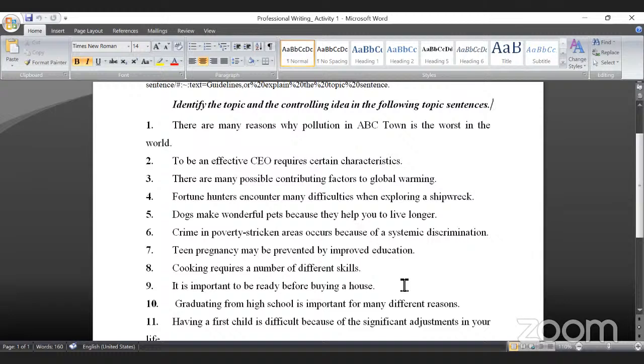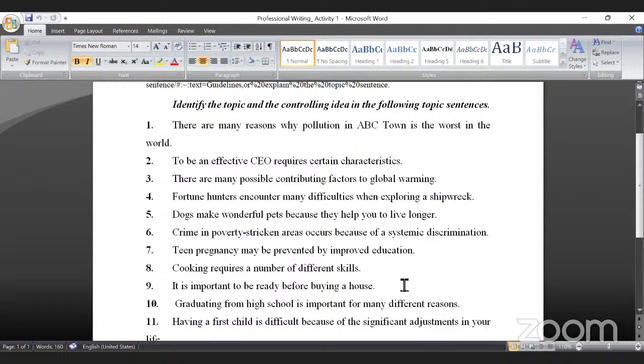So teen pregnancy may be prevented becomes your topic, and how that happens through improved education becomes your controlling idea, which means your paragraph is going to establish that particular part. Just always look at it in this way. What is the claim being made in the sentence? That is going to be your topic and the controlling idea, right? Understand this? Why teen pregnancy may be prevented is your topic and not just teen pregnancy. Yes, ma'am.